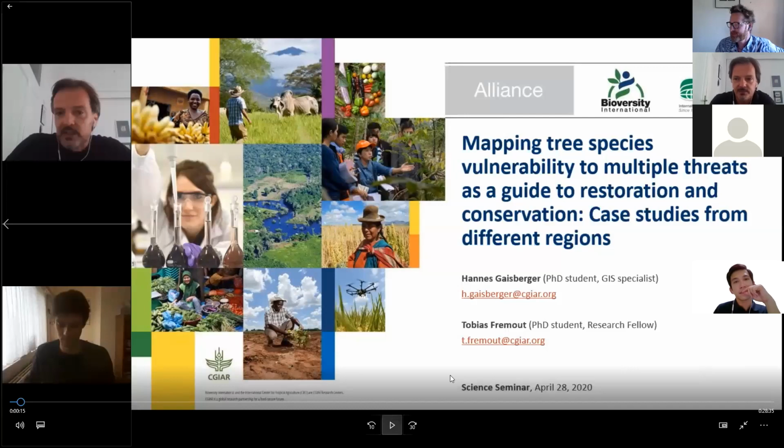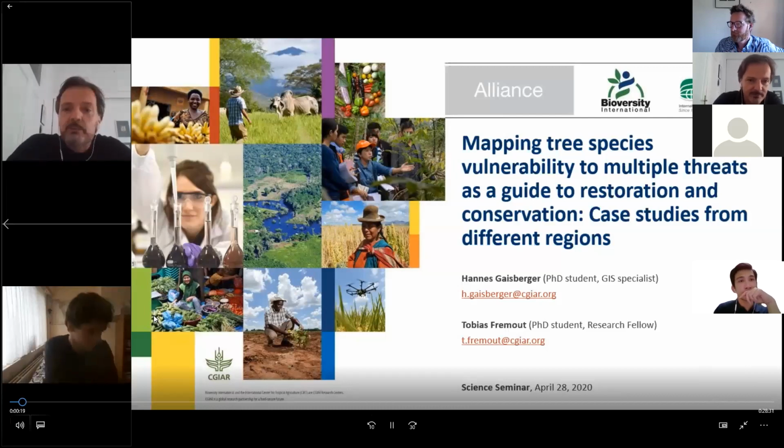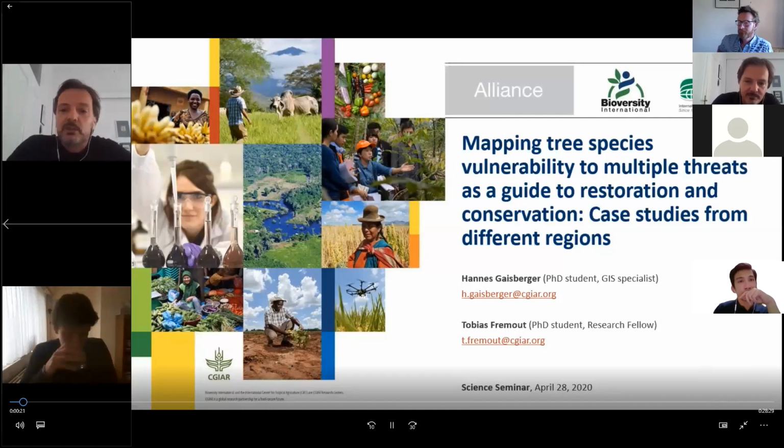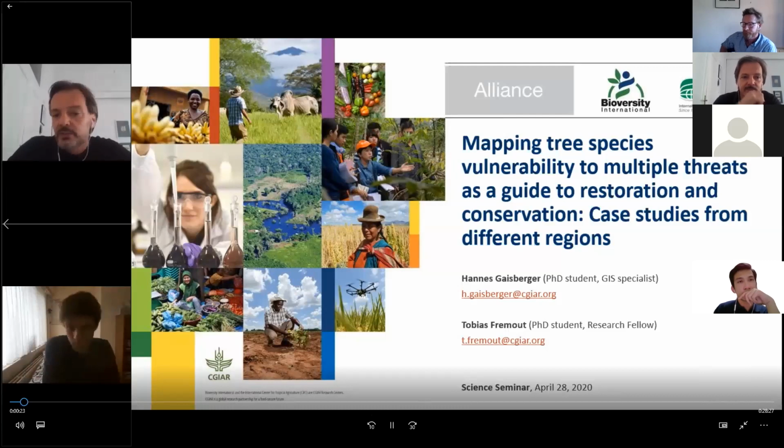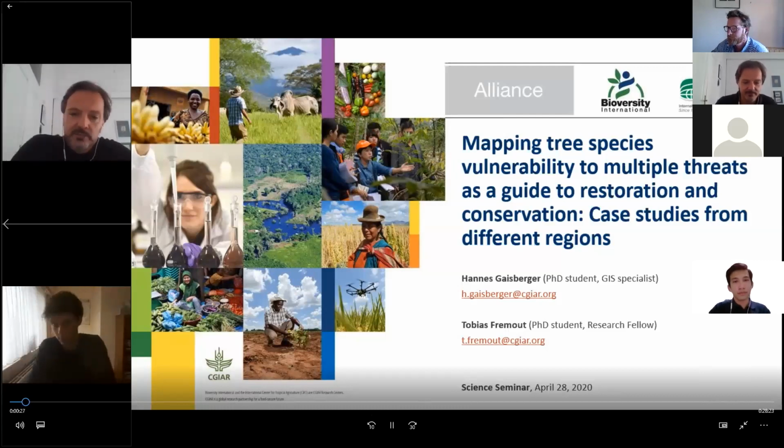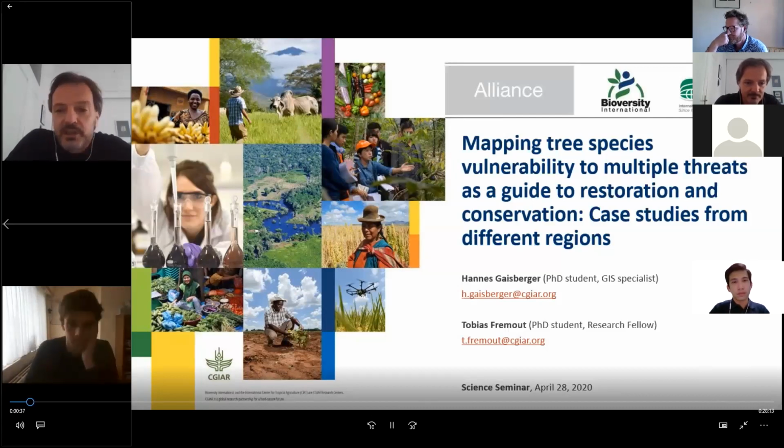Great, thanks, Hannes. So without any further ado, we'll start. A quite important part of our work is on mapping tree species vulnerability to multiple threats as a guide to restoration and conservation. We're in a quite exciting phase right now, because the methodology is now stable and comprehensive enough to be implemented on a large scale.